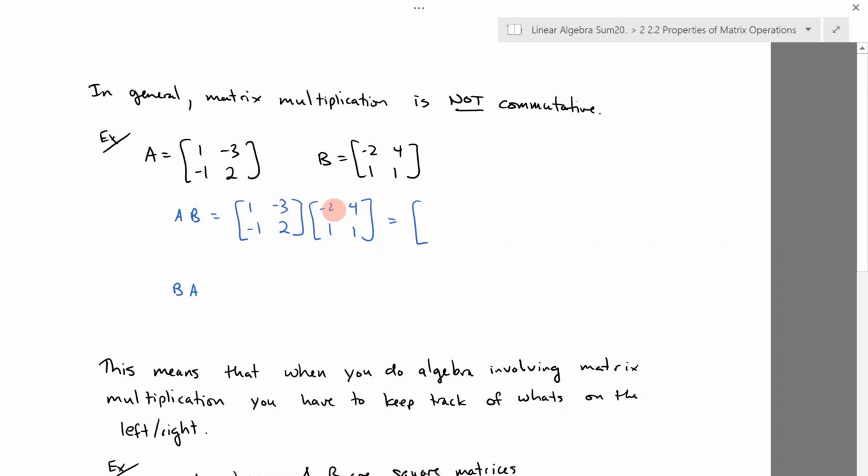Okay, so we get negative 2 minus 3 is negative 5. 4 minus 3 is 1. 2 plus 2 is 4. Negative 4 plus 2 is negative 2. Okay, so that's A times B. Now let's try B times A. So now in the reverse order.